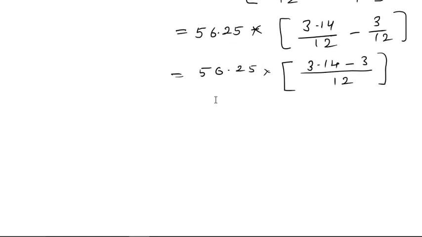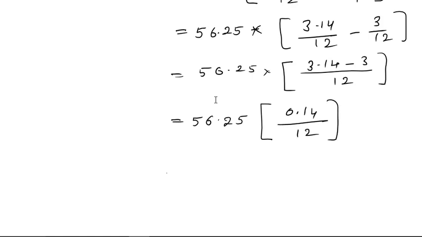So this is equal to 56.25 into 3.14 minus 3, which gives you 0.14, divided by 12. With 4 or with 2 first I will calculate, or directly with 12 we can divide, but okay, fine.